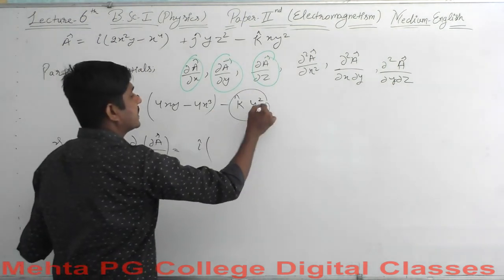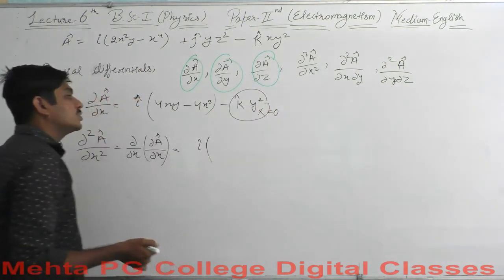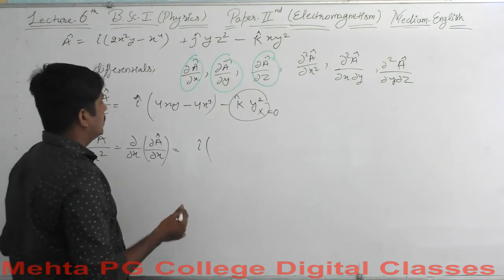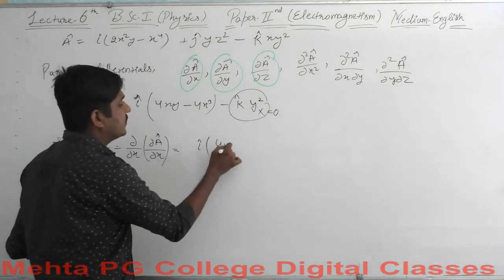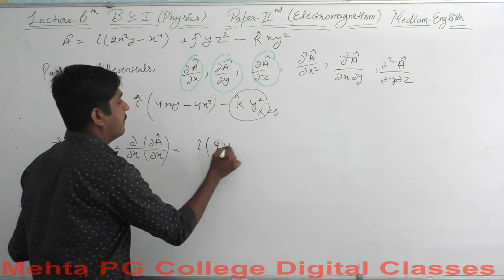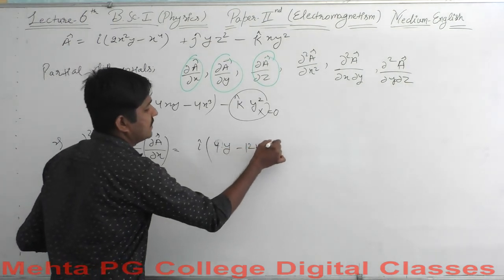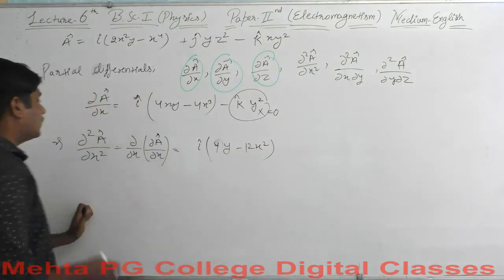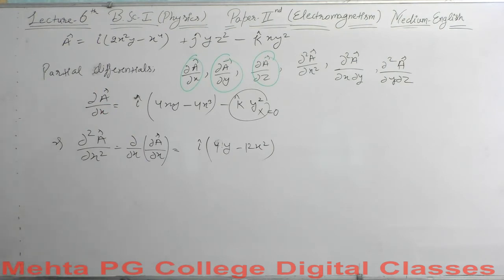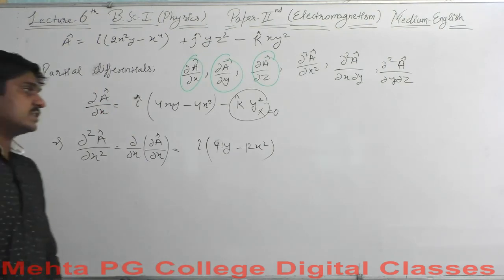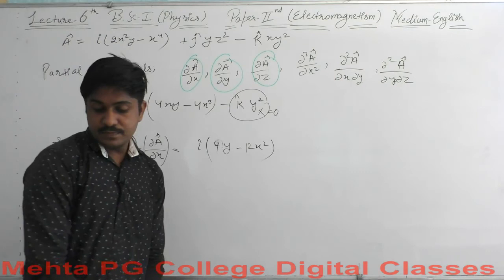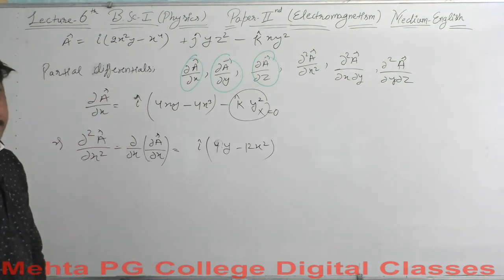This time this will not exist. This will approach 0 here. So the value that exists here is 4y minus 12x square. This will be the value for ∂²A/∂x². This will again be a vector quantity here.